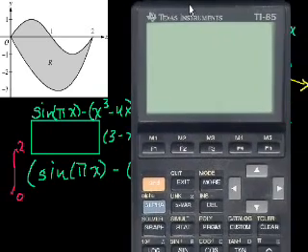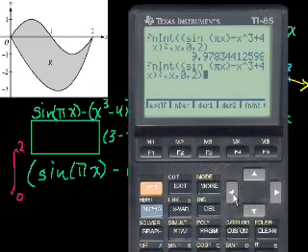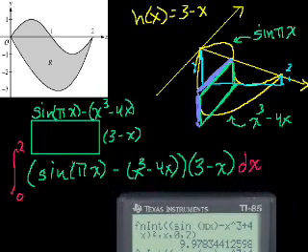We might be able to use what we already have in our calculator from part C. We can do second enter, and we'll get the previous entry, because we already typed in a bunch of stuff. The only difference between what we did in part C and now is that in part C we had this expression squared. Now we don't have it squared, but we're multiplying it by 3 minus x.